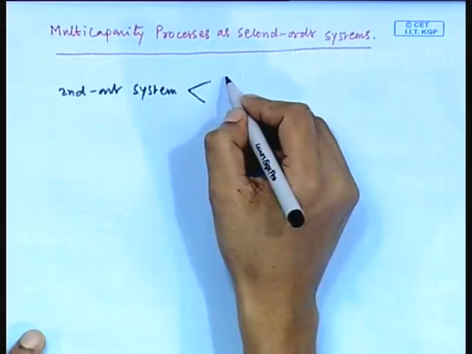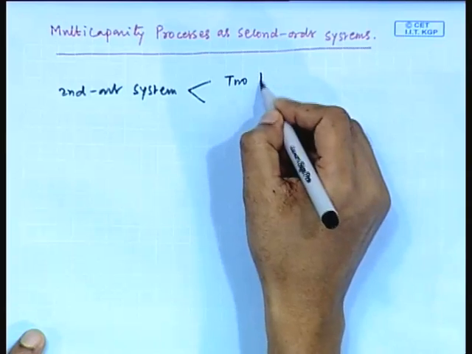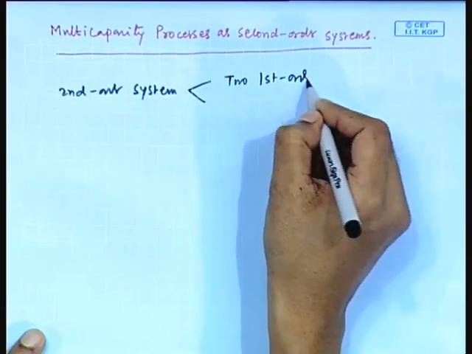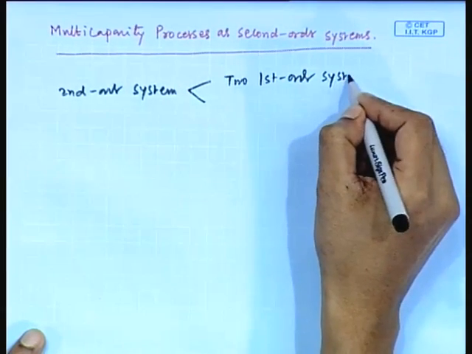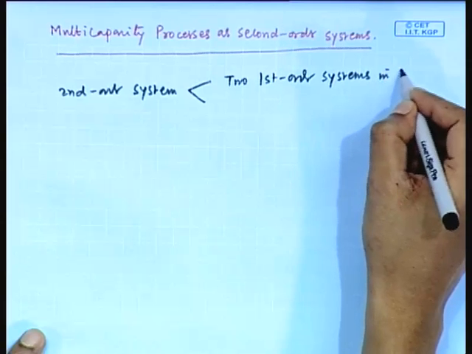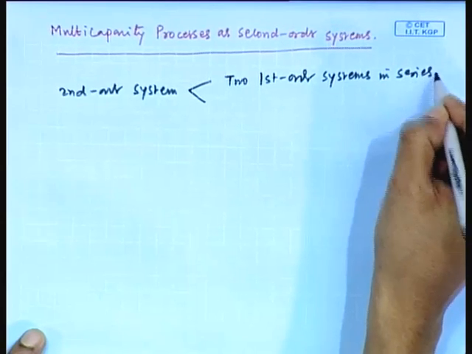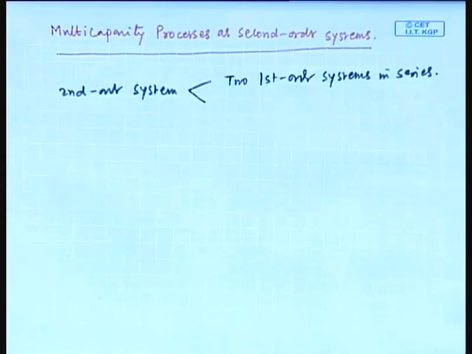So, in the first option, if we connect two first order systems in series, we obtain second order dynamics.